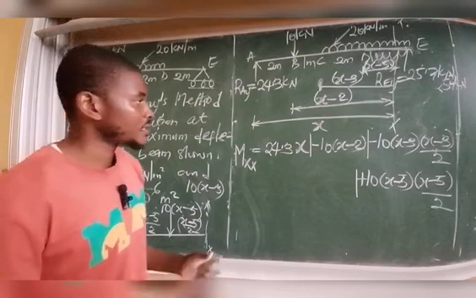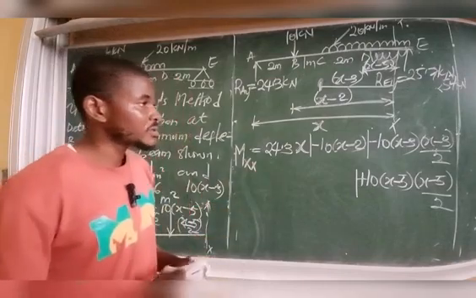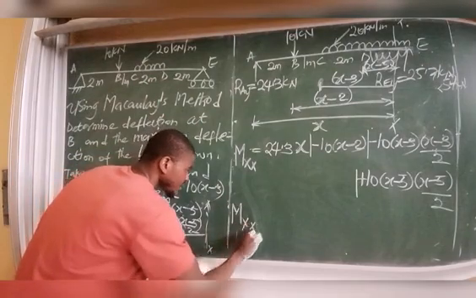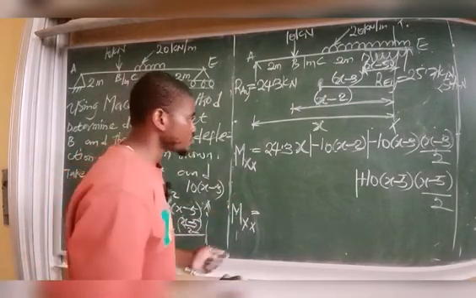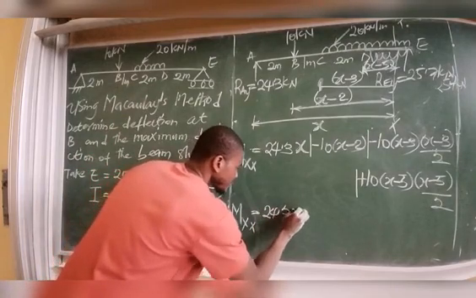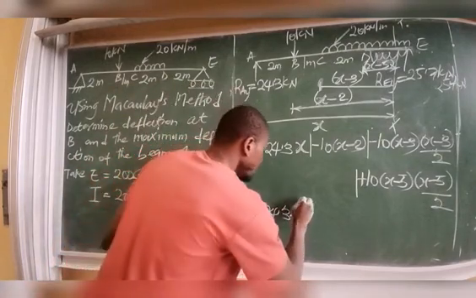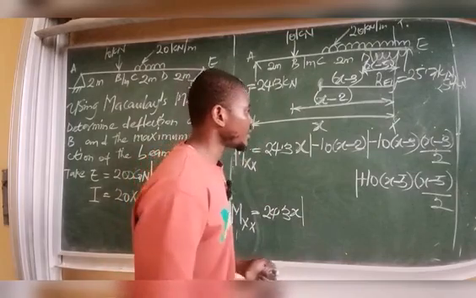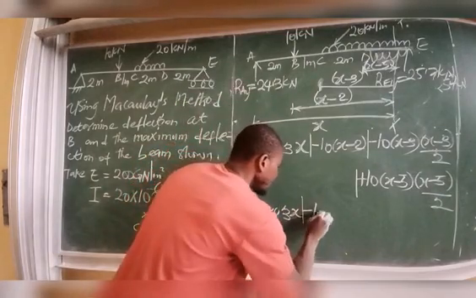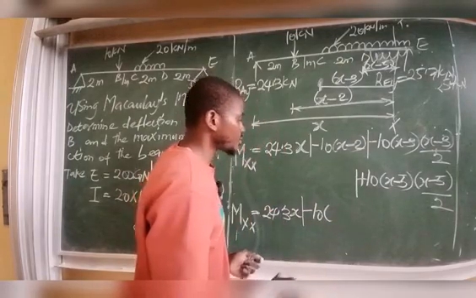Alright, so I can rearrange this equation. If I do that, I will simply have the moment about section xx is now equal to, this remains 24.3x. Put down your Macaulay's brackets. Here now, I have minus 10 into x minus 2.